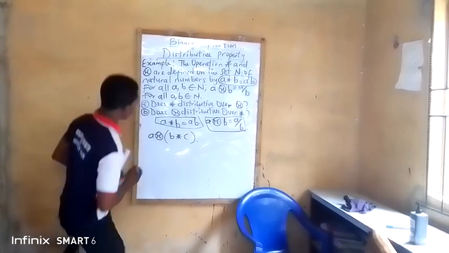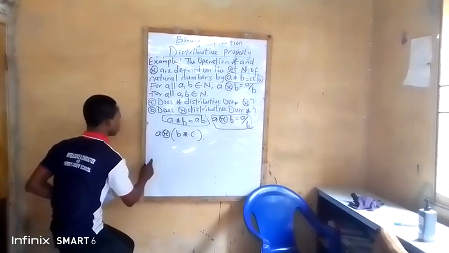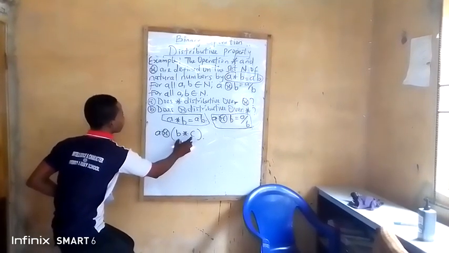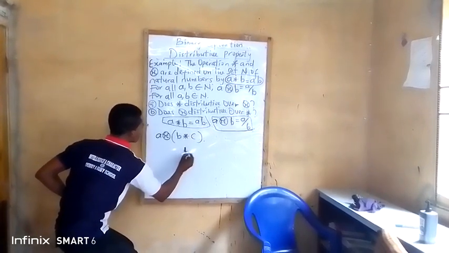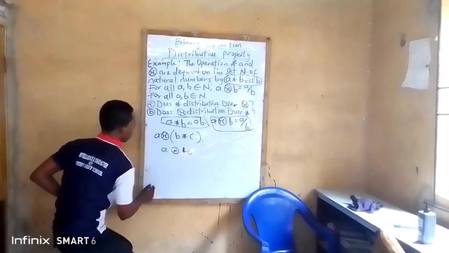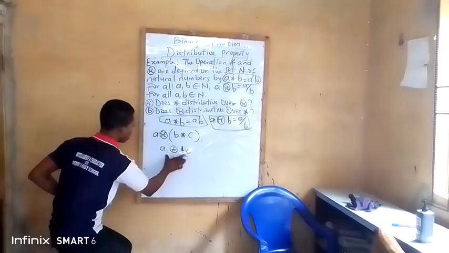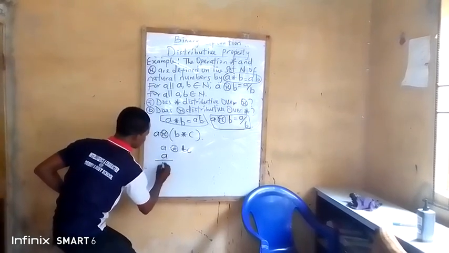You want to check whether it is distributive over it. When you have b asterisk c, it gives bc, and a circle bc gives division, that is a all over bc.